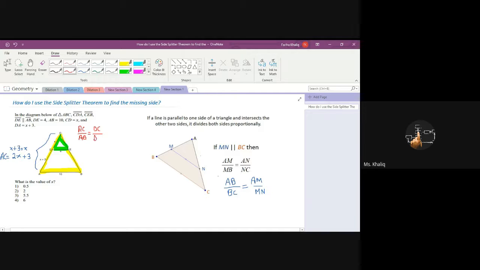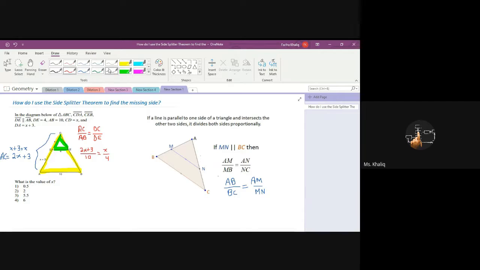Okay. And so let's just substitute the values in. AC is 2x plus 3, and AB is 10, and DC is x, and DE is 4.